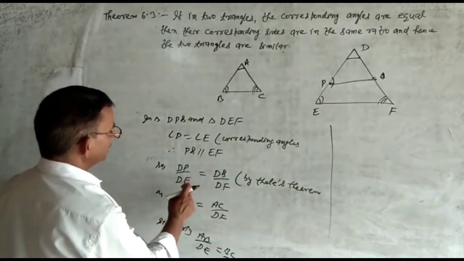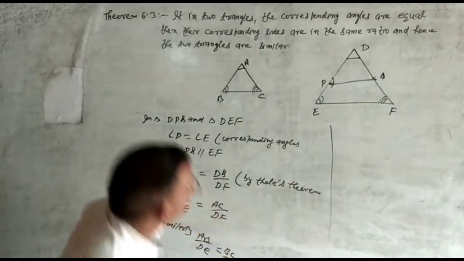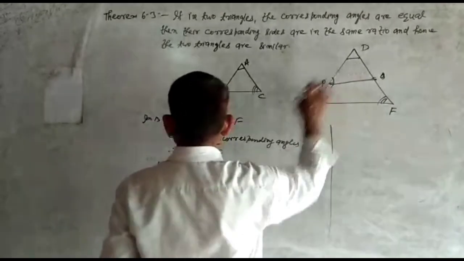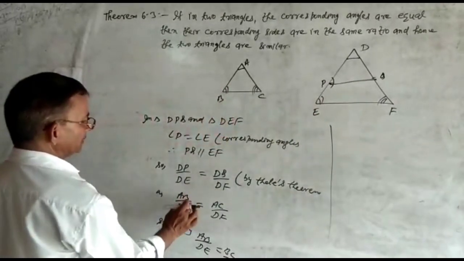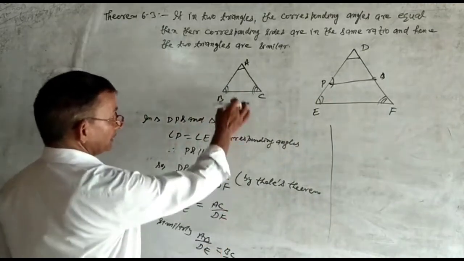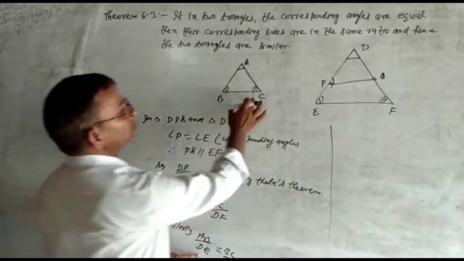We know that DP is equal to AB. So AB by DE is equal to AC by DF. Similarly, AB by DE is equal to BC by EF.